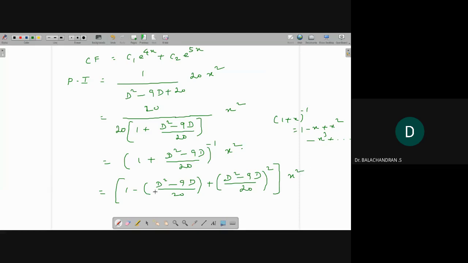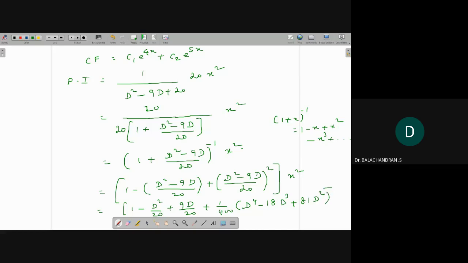Now if we expand this, we'll get 1 minus d square by 20 plus 9d by 20, plus 1 by 400, a square is d power 4, 2ab is minus 18 d cube, plus b square is 81 d square.